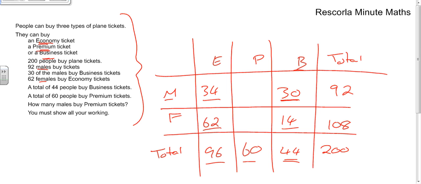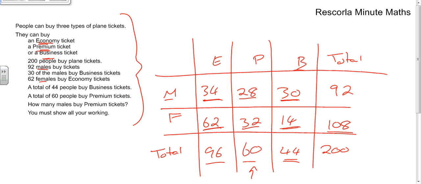Then we've got 30 plus 34, which is 64. What do we add on to 64 to get 92? That's going to be 28. And then if we do this one here, we've got 62 plus 14, so that's 76. What do we add on to 76 to get 108? We add on 32. Again, just to double check, 28 plus 32 adds up to 60 as well. So therefore, we filled in the whole table.